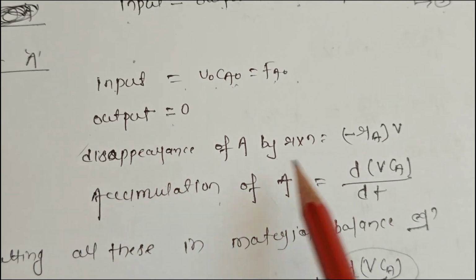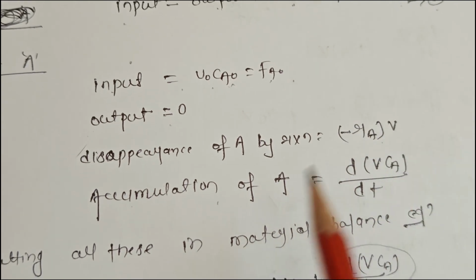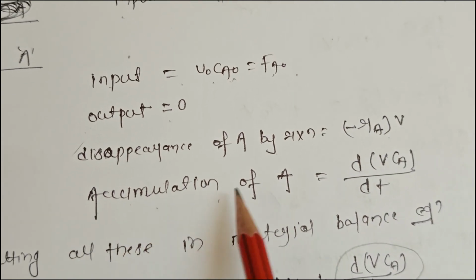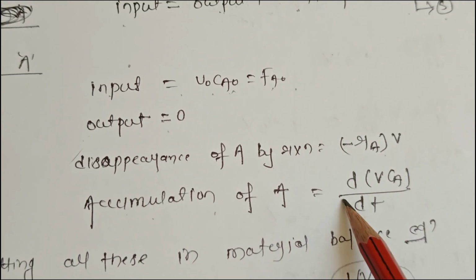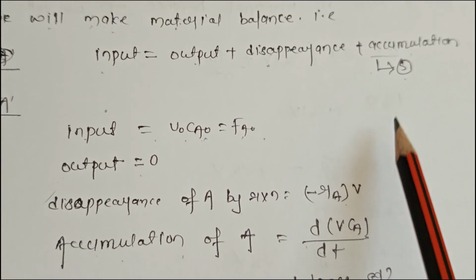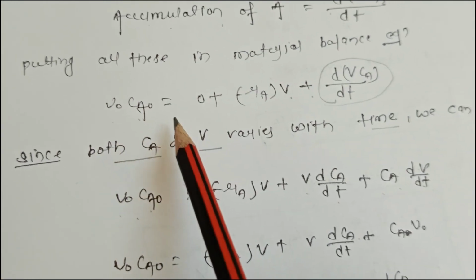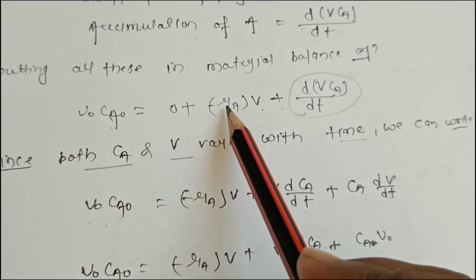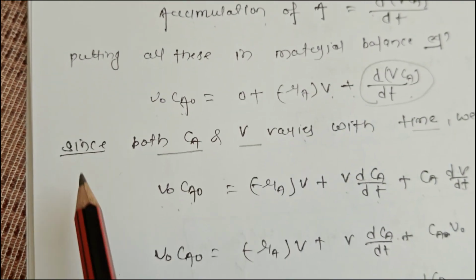Disappearance of A by reaction will be minus Ra into volume. Accumulation of A will be dVca upon dt. Putting all these in material balance equation, that is equation 5, we get V naught Ca is equal to 0 plus minus Ra into V plus dVca upon dt.